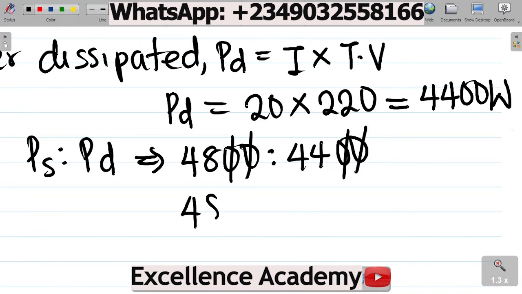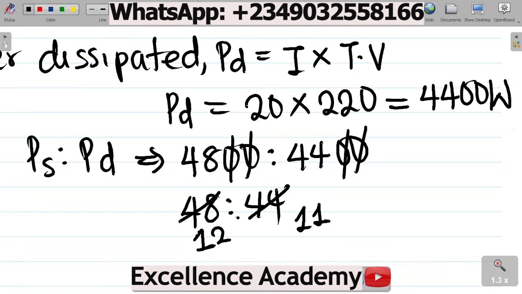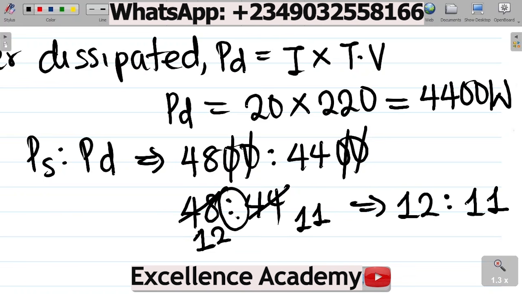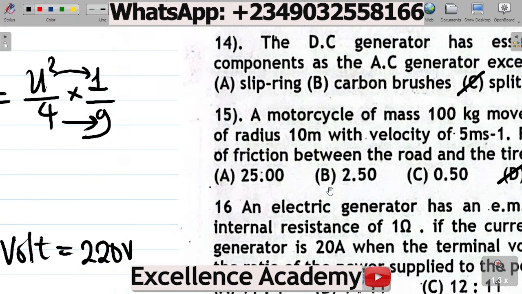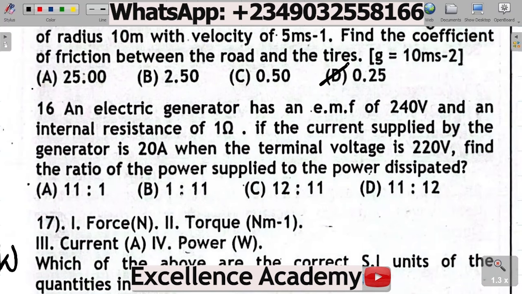It becomes 48 is to 44. 4 divides this, we have 12, and 4 divides this, we have 11. So 12 is to 11 is the correct answer. The correct answer there is C, 12 is to 11.